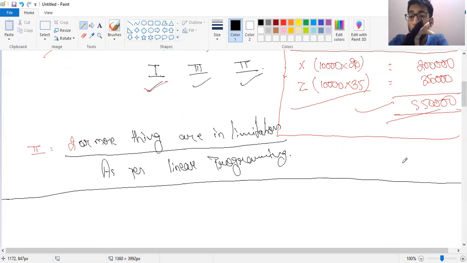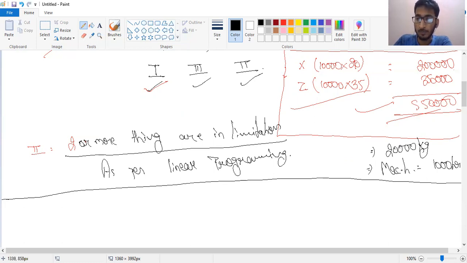But if two or more things are in limitation, suppose raw material is also in limitation, like the maximum raw material available to me is 20,000 kg, and suppose labor hour is also in limitation, like the maximum labor hour available to me is 1000 hours, how should we solve the question?